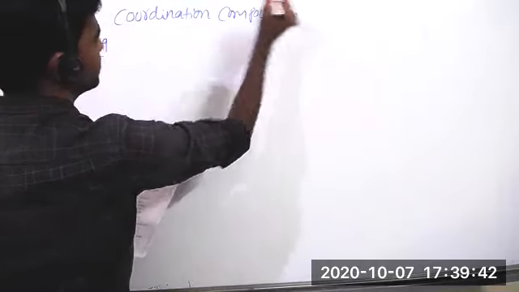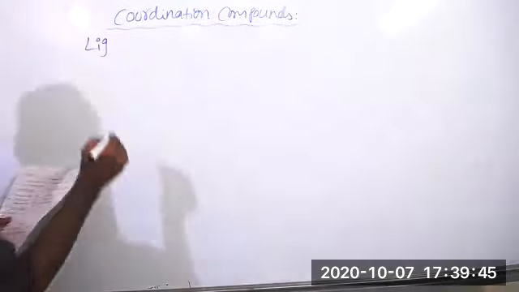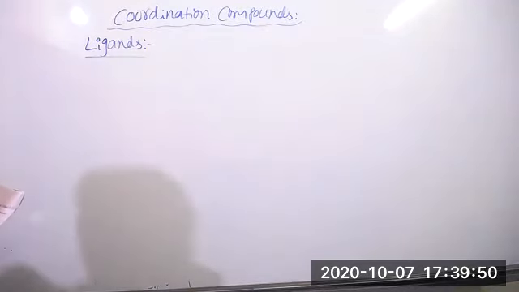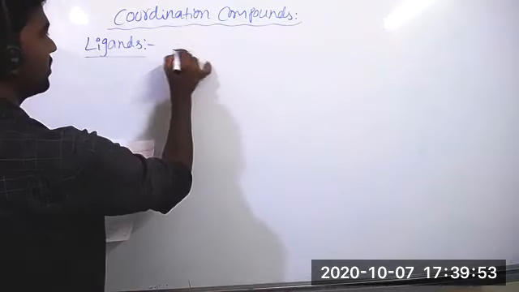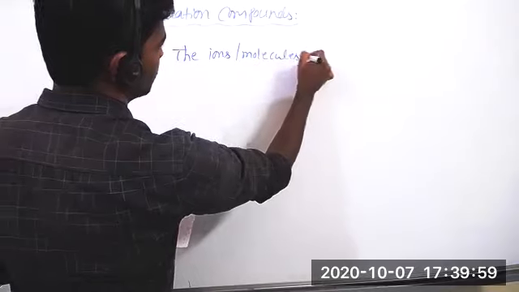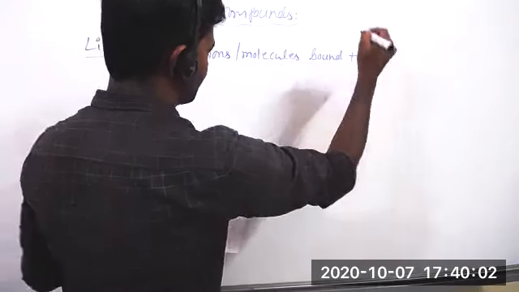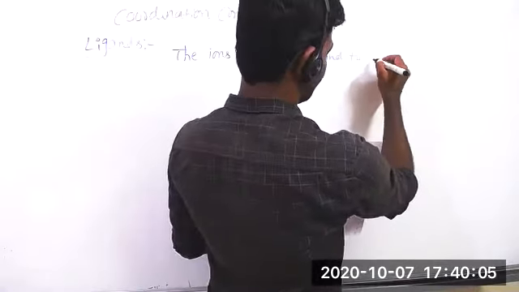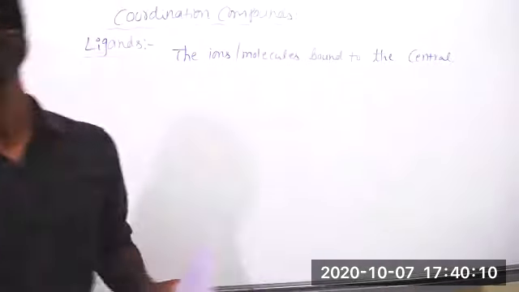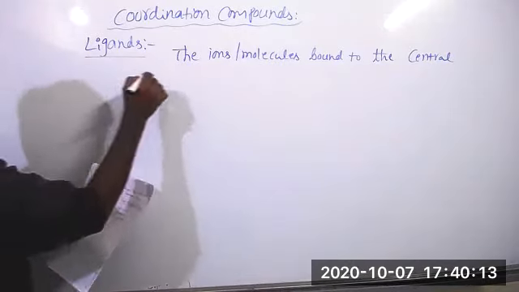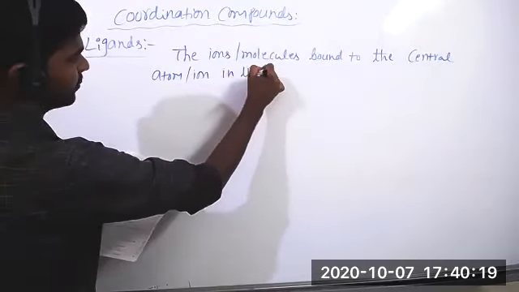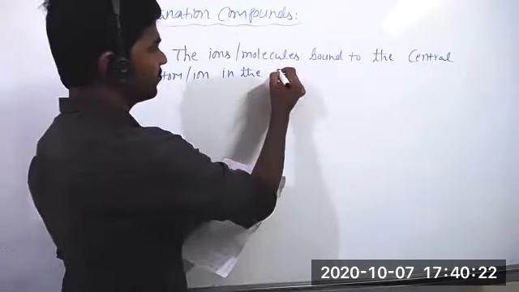Write in notes. Ligands: the ions or molecules bound to the central atom or ion in the coordination entity are called ligands.